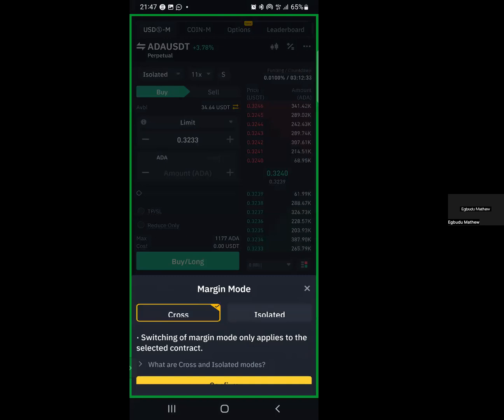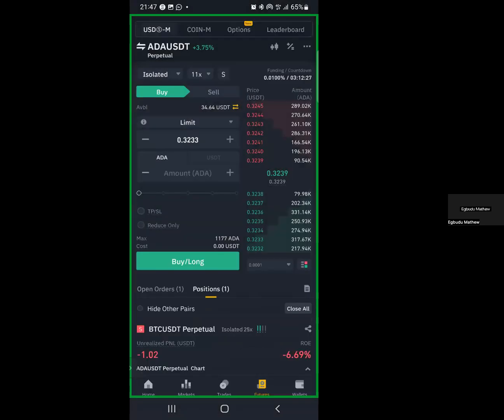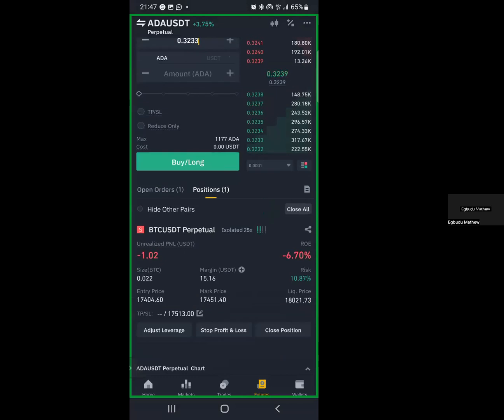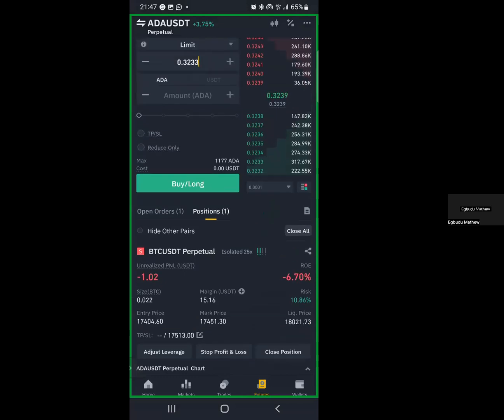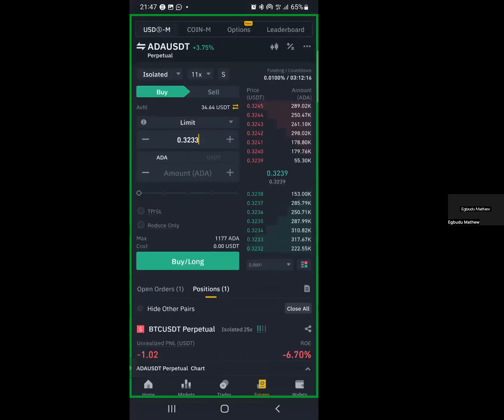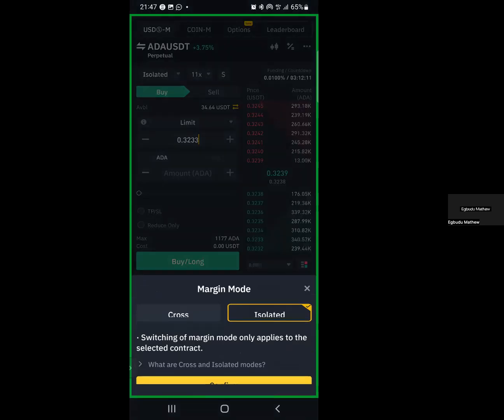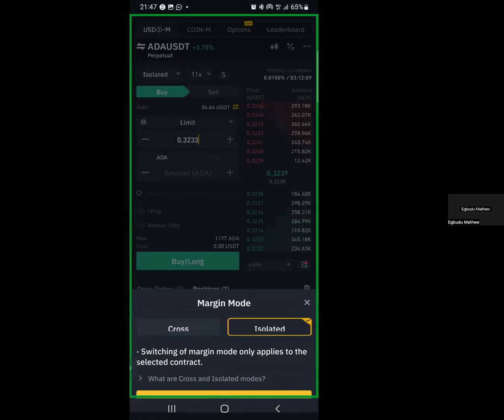But if I am on isolated margin, I will be liquidated once price gets to 18,021.73. But if I'm using cross margin, you click on isolated, then click on cross.